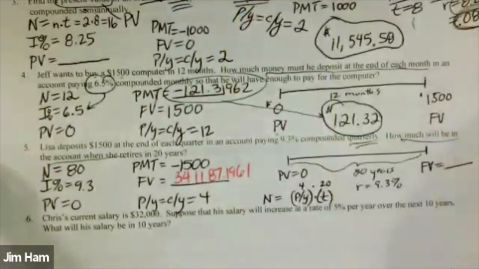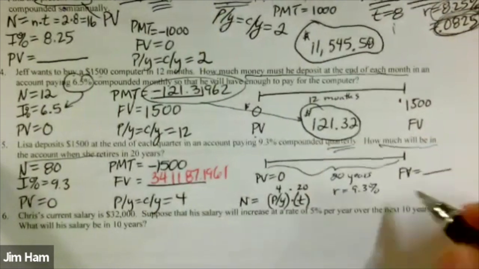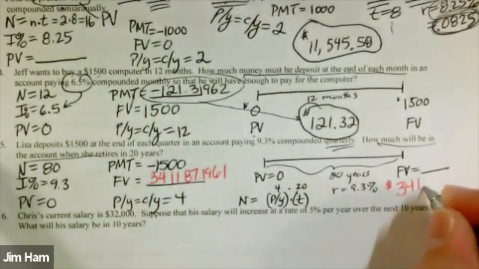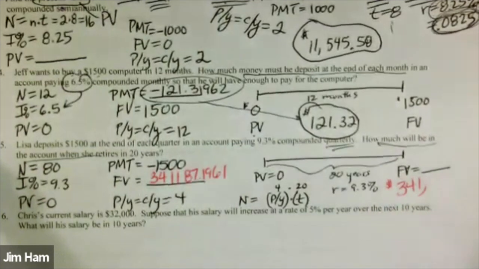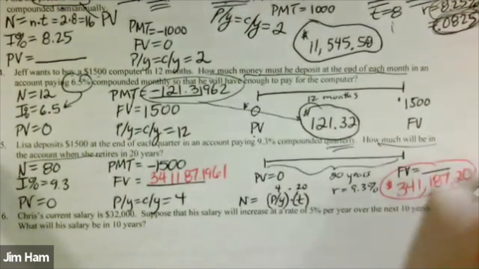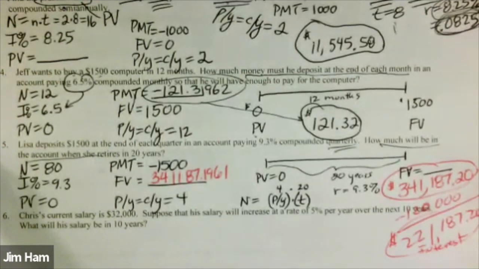So if the problem also goes on to ask you, well, how much interest was earned? You'd say, well, this is how much she has at the end of those 80 quarterly payments or 20 years. And then if you subtract 120,000, $221,000 was interest.